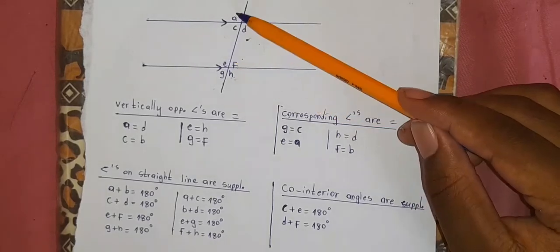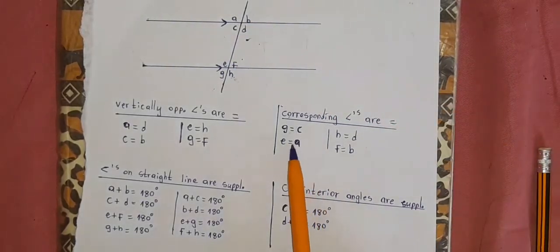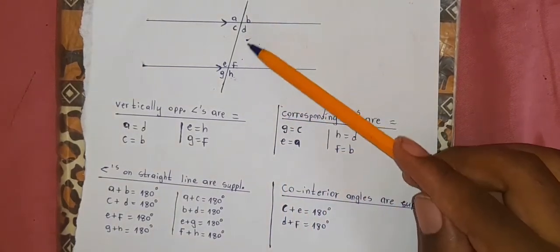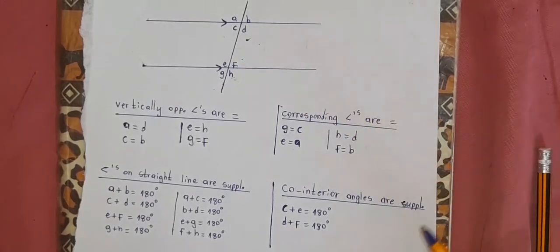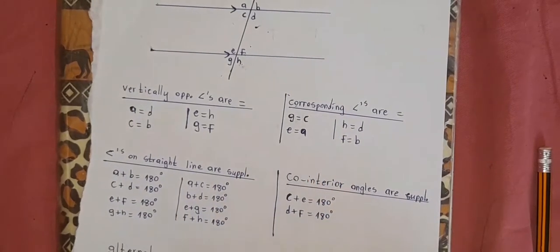This angle and this angle are equal because they are corresponding, like I wrote here. Also, this and this are equal because they are corresponding. This and this are equal because they are corresponding. Like I wrote here, you can write in your notes too. They will help you in future activities.